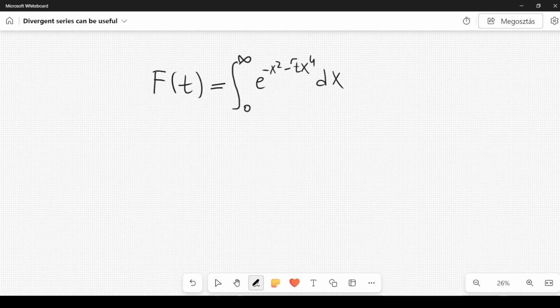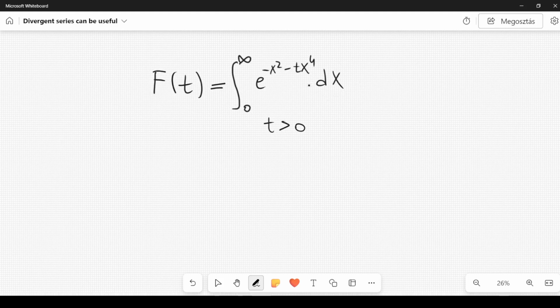Now you can see that if this parameter t is greater than 0, this integral does not diverge, because we have these minus signs, so this exponential decays, and even when you integrate over large values of x, approaching infinity, we still get quantities very close to 0, and therefore this integral converges.